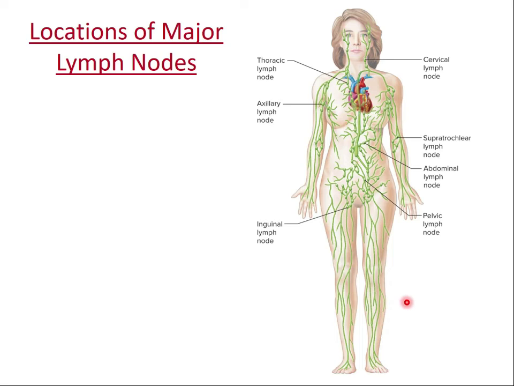And here's a schematic of major locations of lymph nodes. Students are not expected to know these different locations, but know that all these lymph capillaries come, and at these major branching centers, you'll get these lymph nodes where there will be the sampling center.